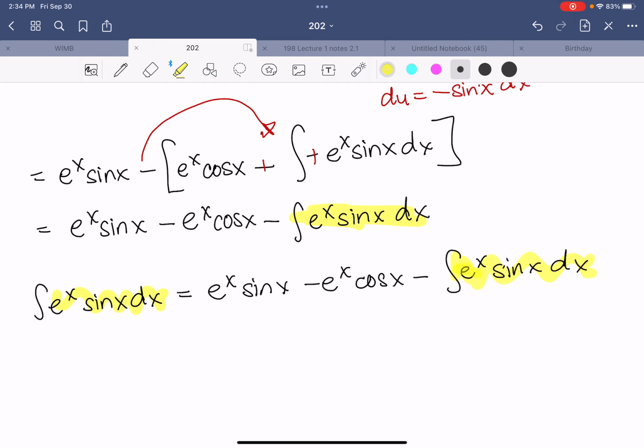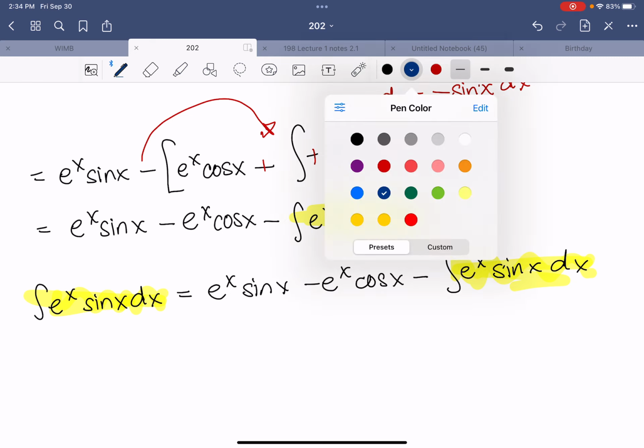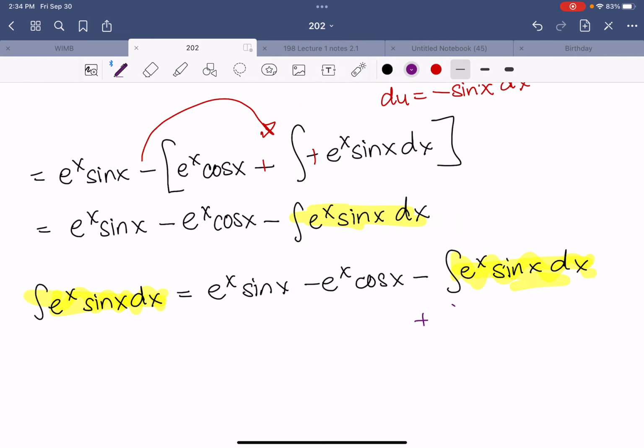If those were variables and I was solving for that, I would move them to the same side. So what I'm going to do is add the integral of e to the x sine x dx to both sides.